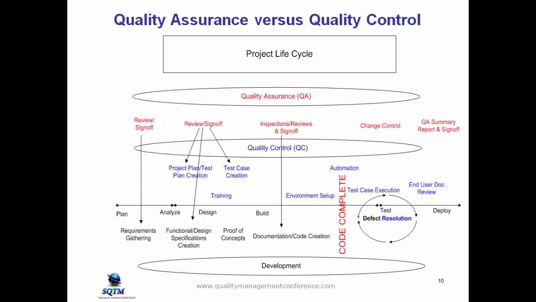As you go into code complete, and I mentioned you might be starting some automation as well, as development moves to code complete, the ownership of the project really shifts to quality control. So now you can see we start our test case execution, and then there's the cycle of defect resolution going back and forth with development.